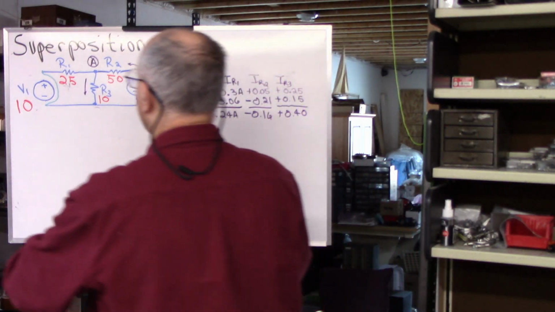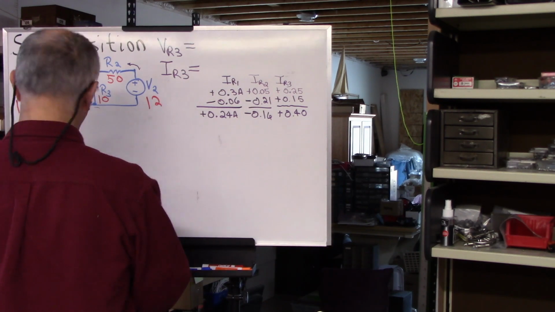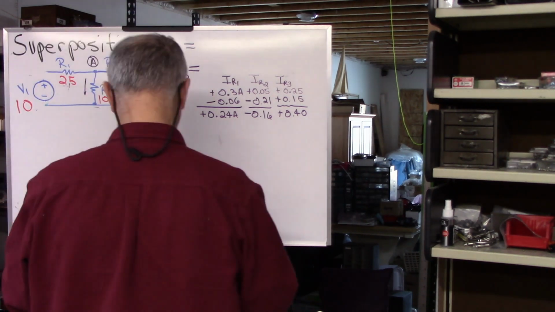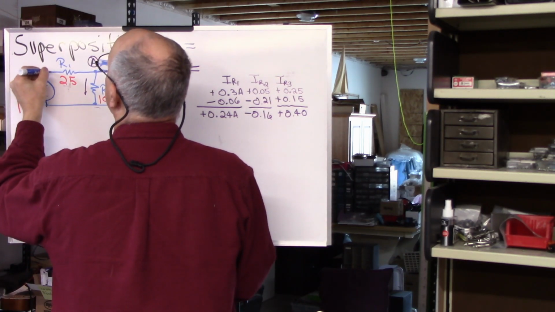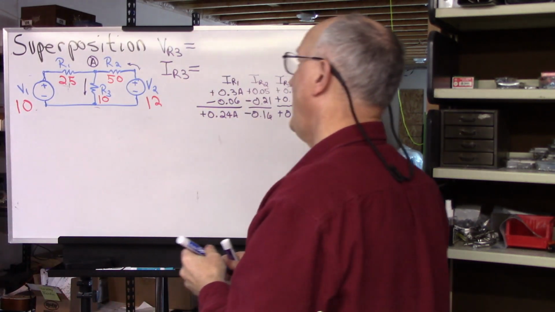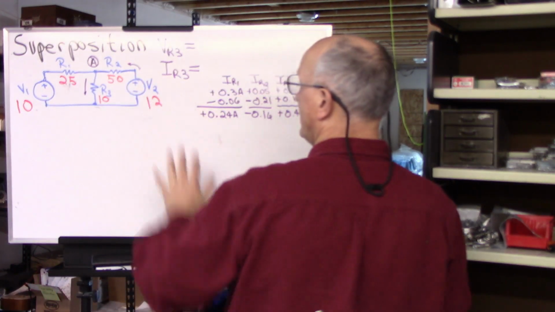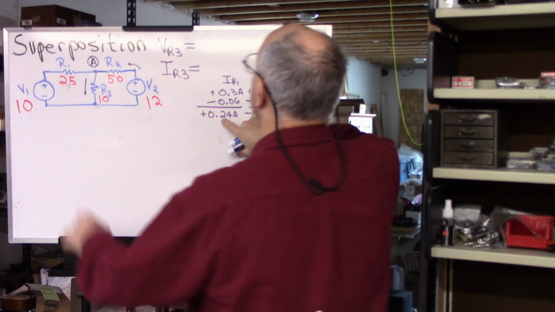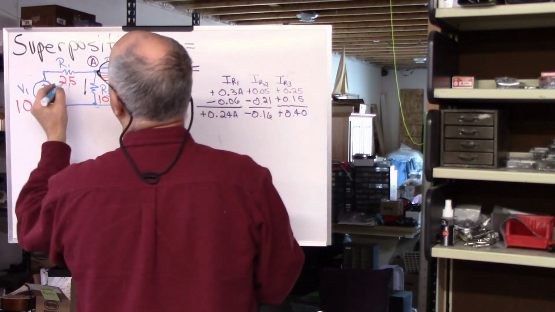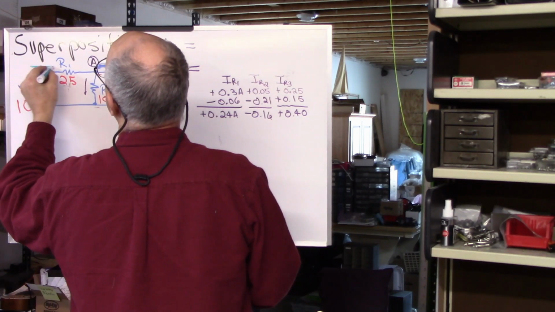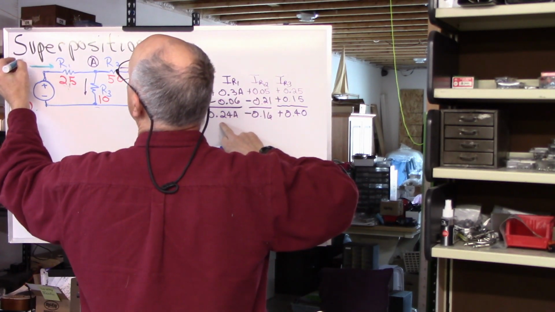So what that is telling us is that when everything is connected back where it originally was, just like this, there is a current going through R1 in this direction of the amount 0.24 amps.